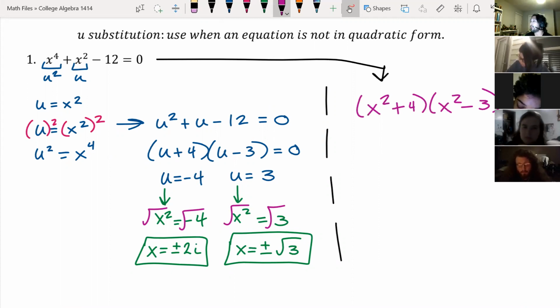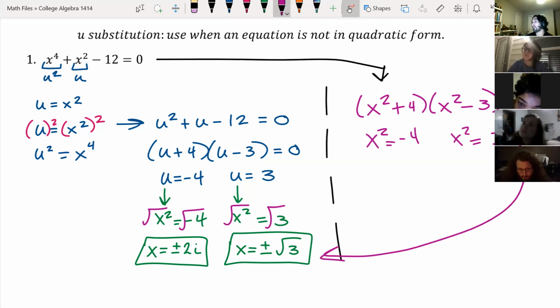That's it. No u substitution needed. And then you solve for x. You get x, I'll put that equal to 0. You get x squared equals negative 4, x squared equals 3, and we are right back here. So use u substitution if you want, or see if you can factor it in another way.